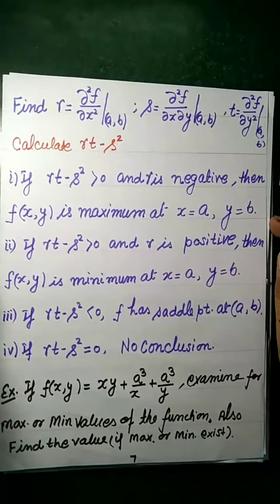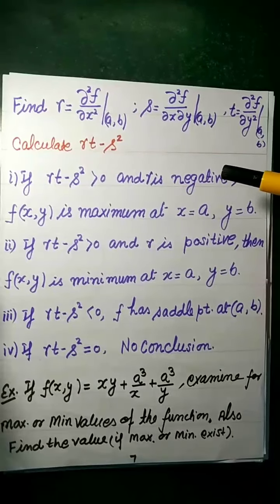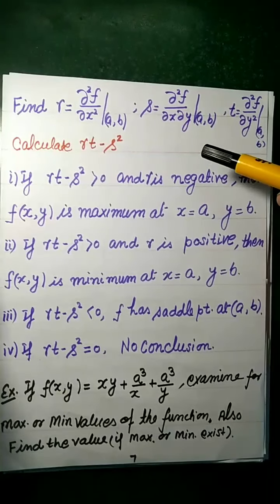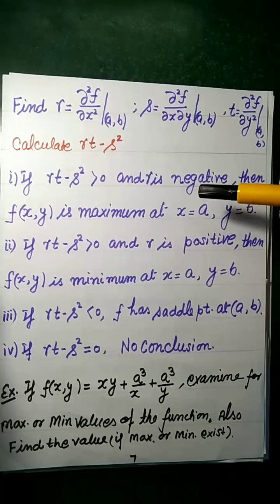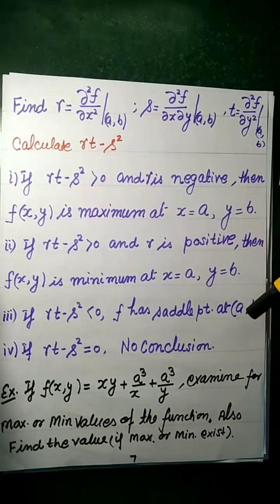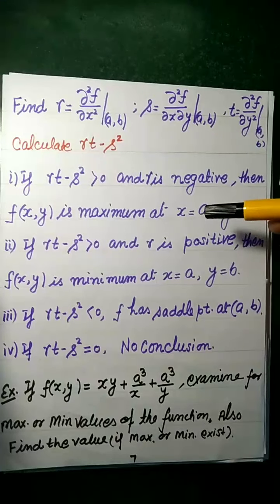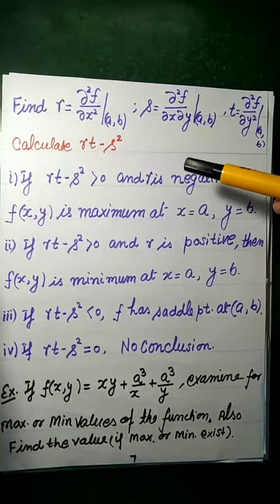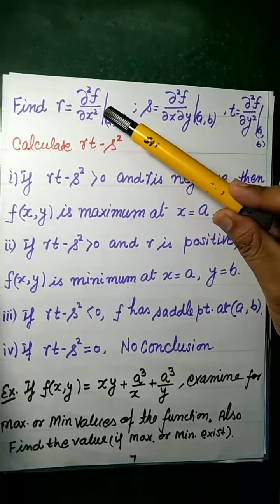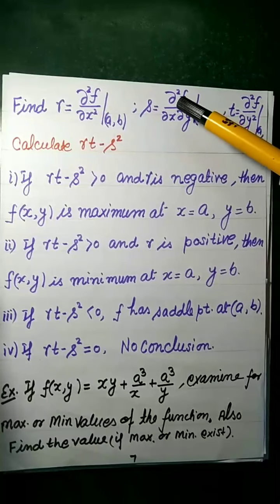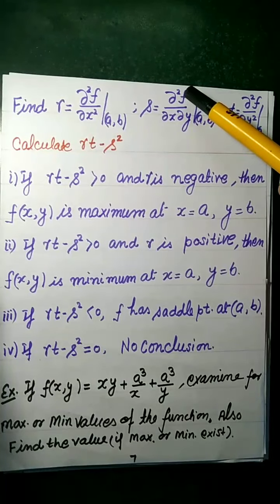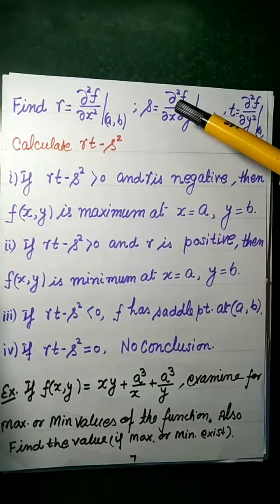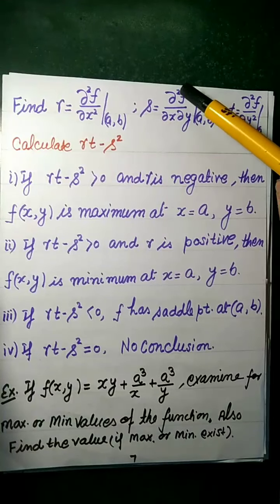So these are the steps to find whether we obtain a maximum, a minimum, or neither. R is the double differentiation of f with respect to x at point (a, b).